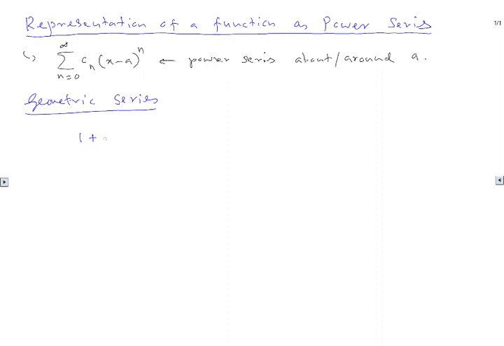So that means 1, then 1 plus x, then when you multiply by x again you get x squared, multiply again x cubed, like that. You can write this as a sigma starting with n equals 0 to infinity, where the constant is 1, so it is just x to the n.